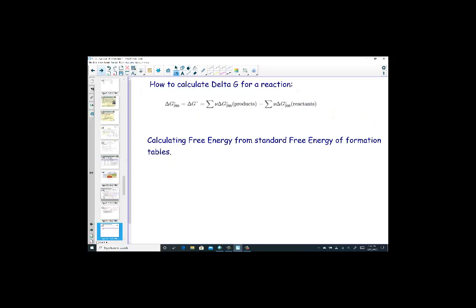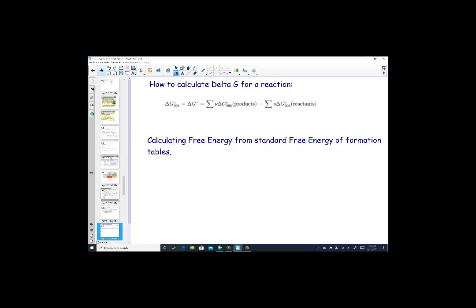I made mention just a moment ago that since enthalpy, entropy, and Gibbs free energy are all said to be state functions, which is a way of saying that they are independent of pathways, that allows us to calculate delta G for a reaction just as we did entropy and enthalpy, by taking the sum of the Gibbs free energy of products minus reactants.